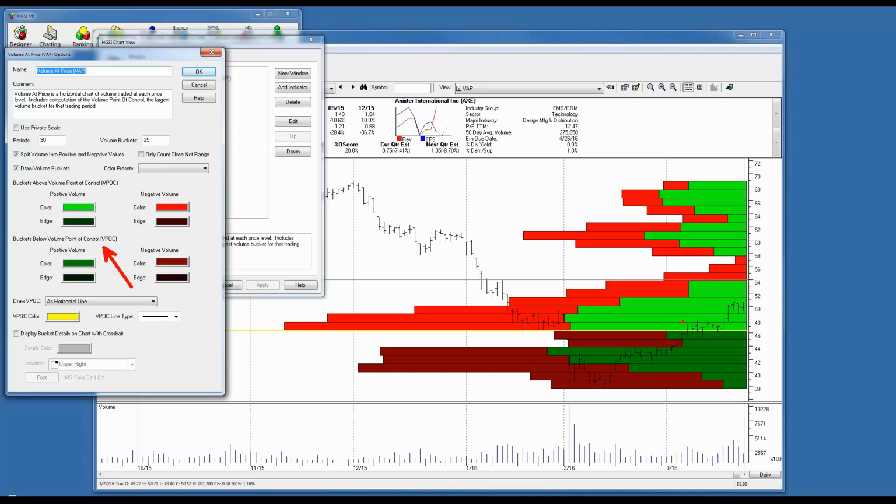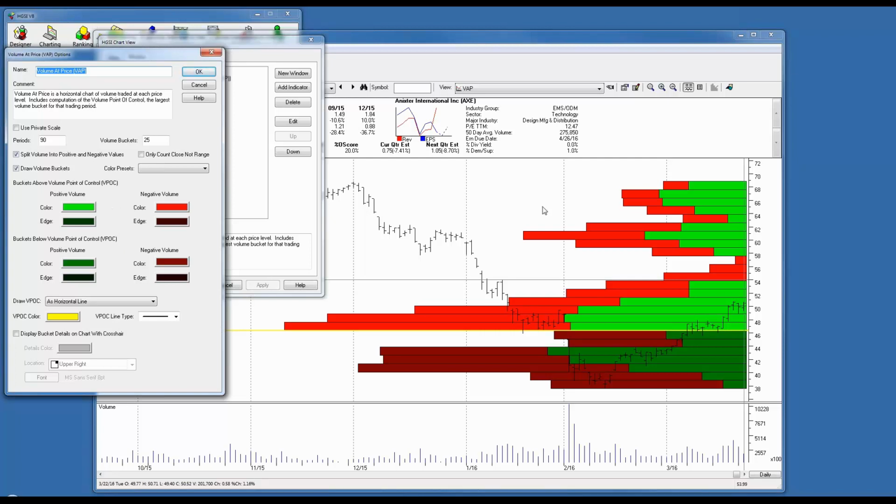So the brighter shade green is above, and the darker shade is below. You can kind of think of the volume point of control line as casting a shadow. And above the line, with this default color scheme, is a lighter color, and below the line is a darker color. And of course, you can change the colors to whatever you want. These default ones are just that, defaults.